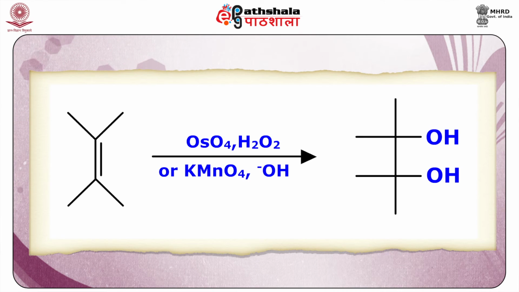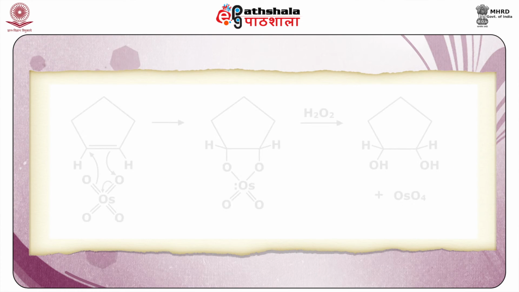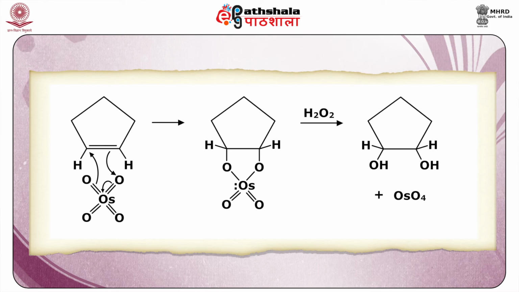The next reaction to discuss is syn-1,2 hydroxylation of alkenes with osmium tetroxide or alkaline KMnO4. Alkenes can undergo oxidation to syn-1,2 diols with either alkaline osmium tetroxide or alkaline potassium permanganate. You can see here the general reaction: when this alkene is subjected to this, the OH and OH will add from the same side, that is, syn addition will happen. The reaction with osmium tetroxide involves a concerted electrophilic addition generating an osmate ester, which is hydrolyzed to a syn diol by hydrogen peroxide, and this also reoxidizes the osmium catalyst.